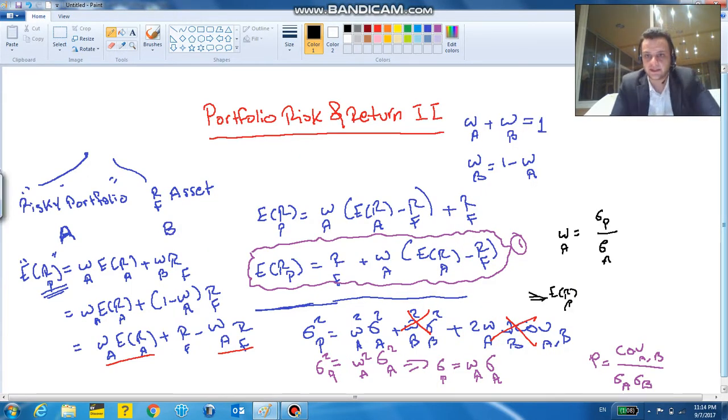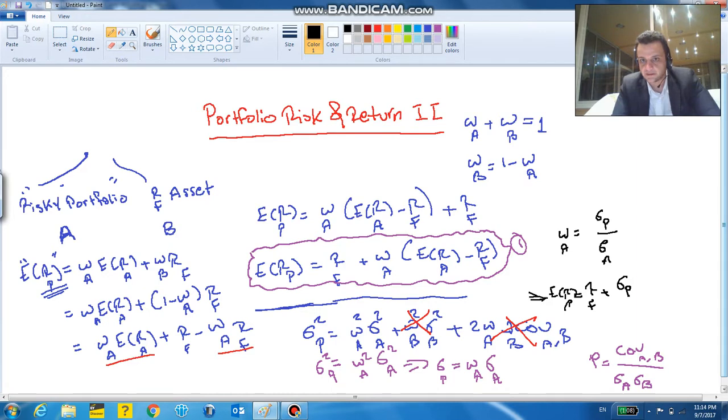So now what we're left with is that the expected return on the portfolio is basically the risk-free plus the sigma of the portfolio. Now I can put this here divided by sigma A, or I can put it right over here because the two are multiplied with one another, right?